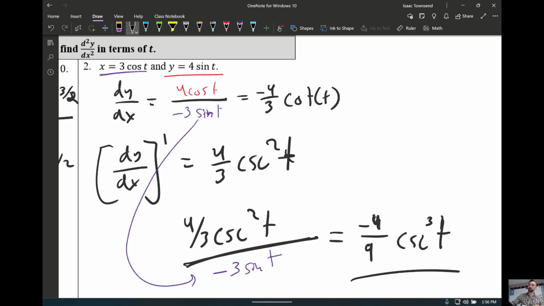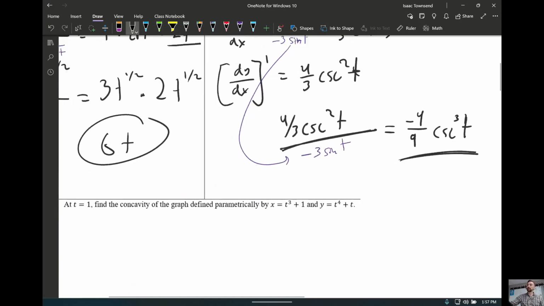So cosecant squared times cosecant gives you cosecant cubed. Perfect. I was good with that. The fraction, I guess that makes sense. -4/3 divided by 3 would be -4/9. Yeah, just like multiplying with that little third. Okay, I got to look back at that though. I want to double check if that's okay.